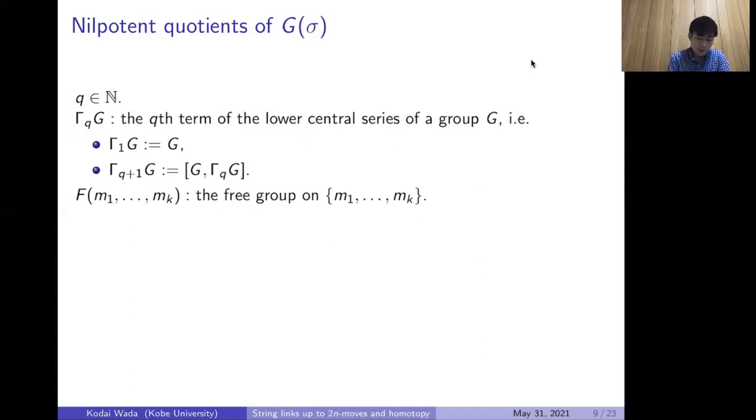That is, gamma 1 z is equal to the original group z, and gamma q plus 1 z is the commutator subgroup of z and gamma q z. We also denote by F of m1 through mk the free group on the set m1 to mk.